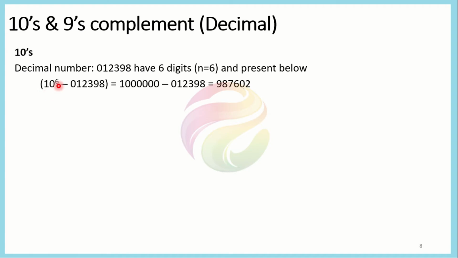So 10 to the power 6 minus the number will result in this. So this is basically the complement of this number. The tens complement of 012398 is 987602. So this is its tens complement. We simply just need to apply the formula and calculate these things.